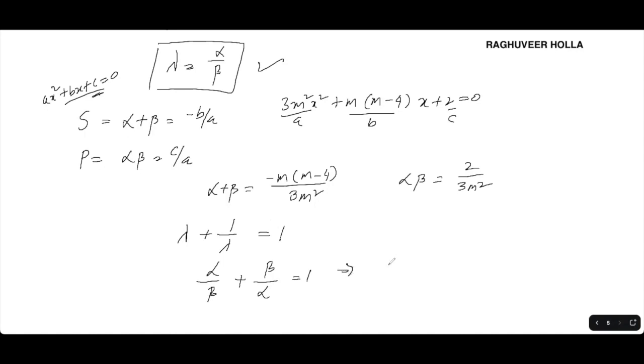So this is alpha square plus beta square is equal to alpha beta. Now we have been given alpha plus beta as this and alpha beta. So what we need to write is alpha plus beta whole square.